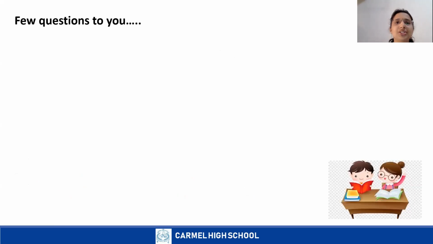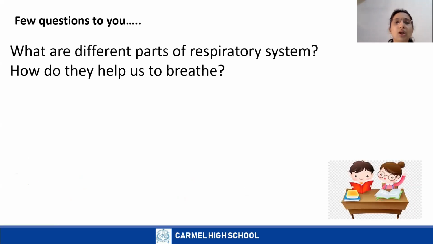A few questions to you, children. What are the different parts of the respiratory system and how do they help us to breathe? We have already learned the parts of the respiratory system, right? How many parts do we have? 4. Which are those? Nose, windpipe, lungs and diaphragm, right?